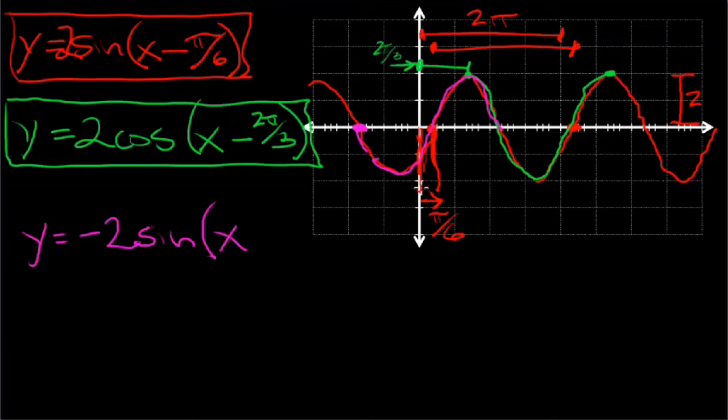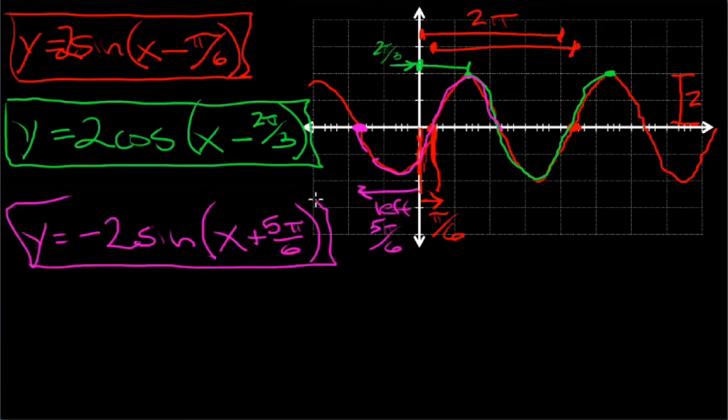This time it has moved to the left. And it's gone, let's see, that would be pi over 2, 2 pi over 3. So that is 5 pi over 6 right there. And so it'd be plus 5 pi over 6. This is also an equation of that graph.